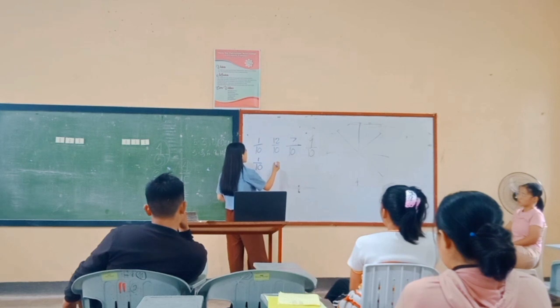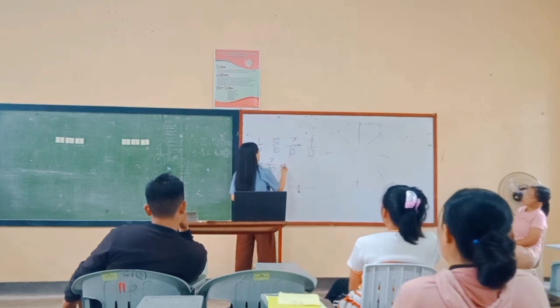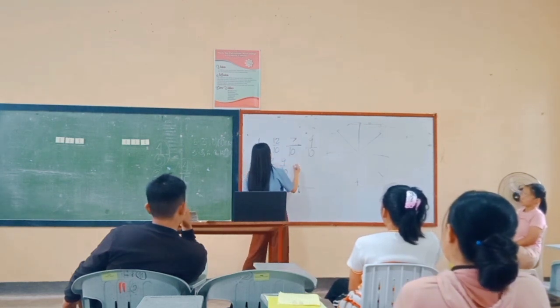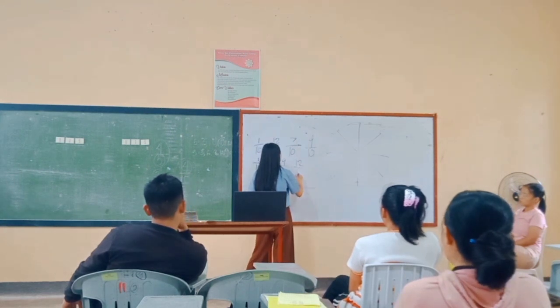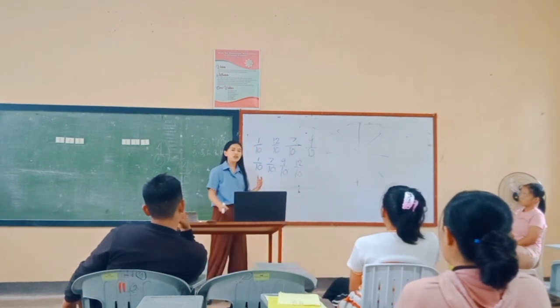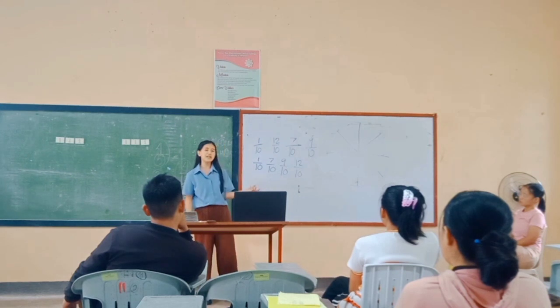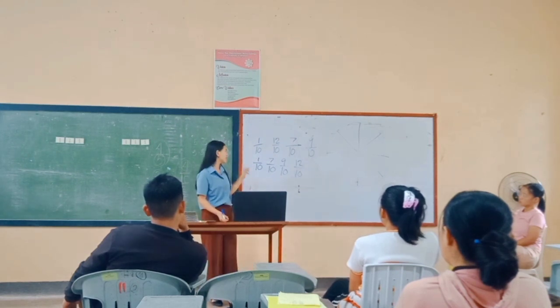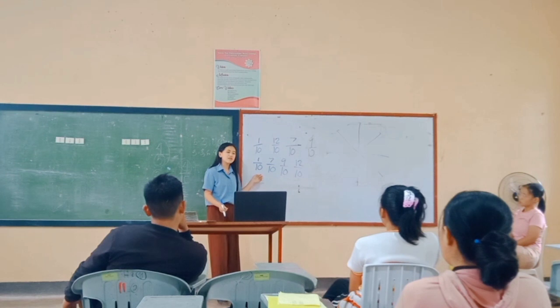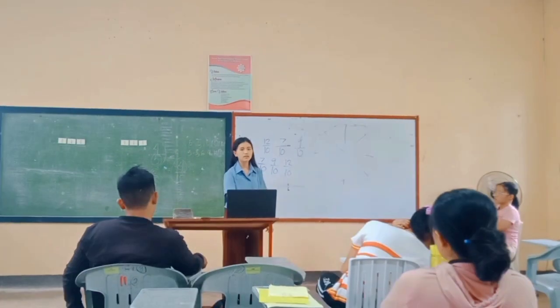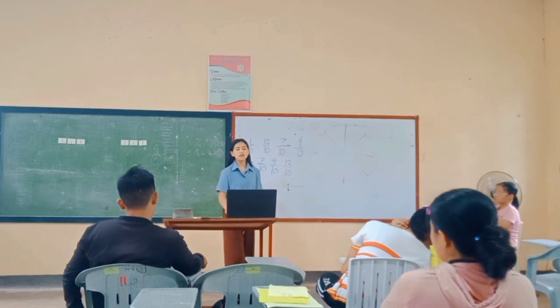What's next, class? 7/10, 9/10, and 12/10. In comparing similar fractions, you just have to look at the numerators, and for ordering fractions, you only require arranging the numerators, imagining that they are whole numbers.